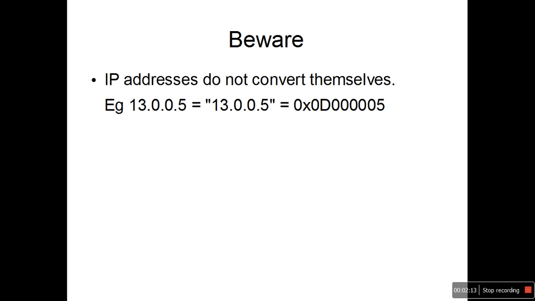That's one option. But beware, IP addresses do not convert themselves, because if you type 13.0.0.5, that is in a string format. That needs to be converted to an equivalent hexadecimal format. As you can see, it is 32 bits. So the integer field holding this IP address's hexadecimal value must be of the same size as that of the IP address itself.